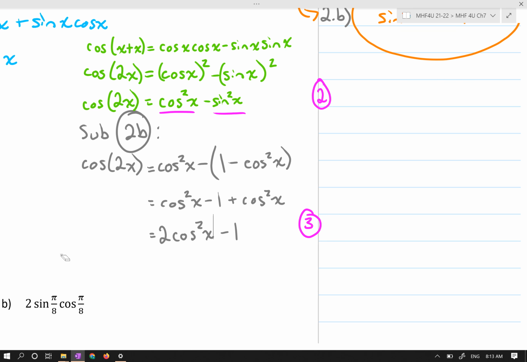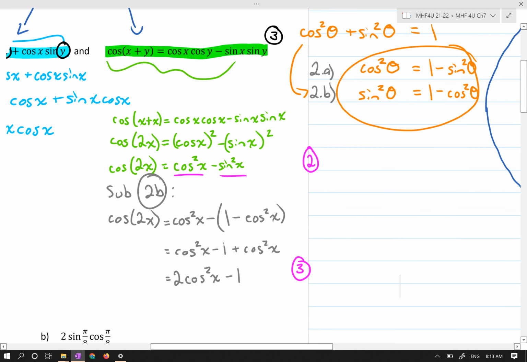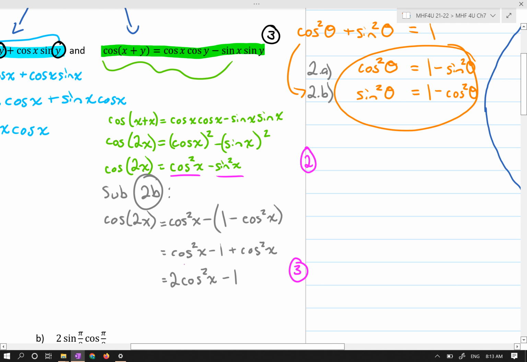And then we can perform that same step of operations, but rather than substituting into b, we'll substitute into a. We'll sub in 2a into equation 2, and that should leave us with down here, the cosine of 2x is equal to 1 minus the sine squared of x minus the sine squared of x.